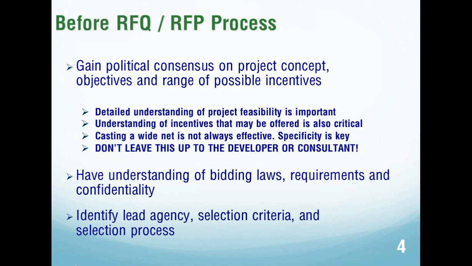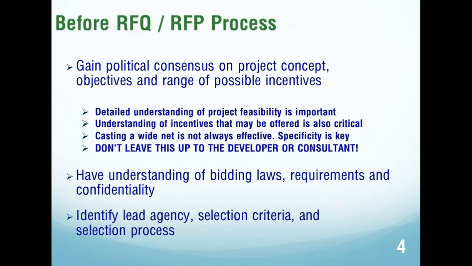Have the market numbers run, have the financial feasibility run, because, for example, if something is not feasible to be built by the private sector, i.e. there's a gap in financing, you're going to want to know that, and you're going to want to know what the public's participation level is about to be.